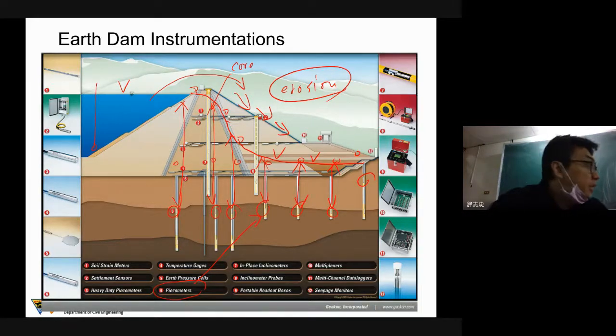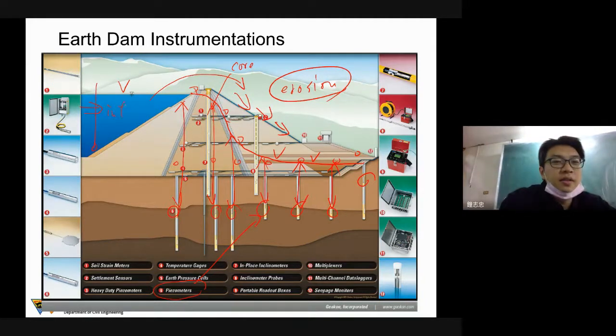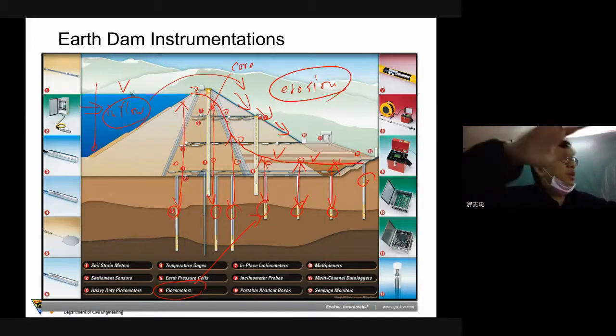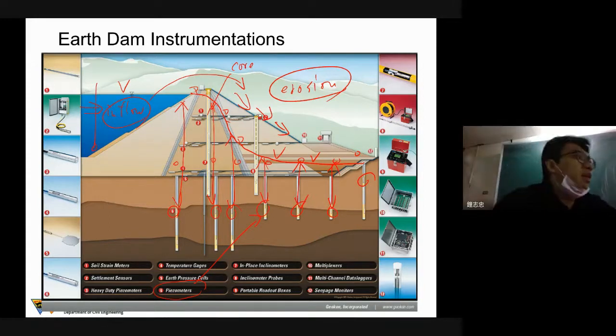And some of the environmental or hydrological experts also try to predict the inflow of the reservoir, because they try to predict how much volume of water needs to be flushed out for a better water storage capacity.